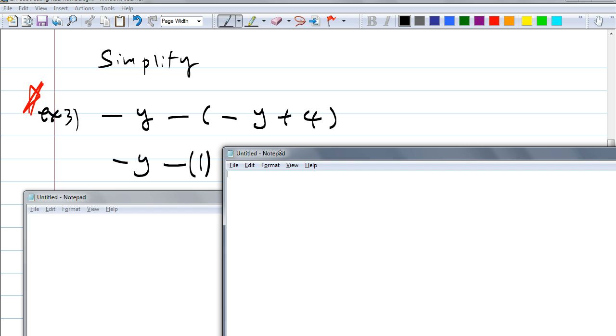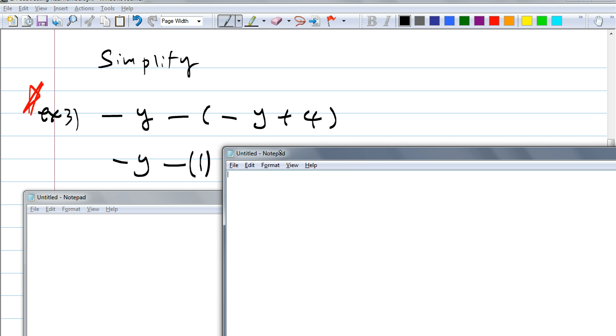Negative y plus. If you had negative y minus 1, do you know how to change this into an addition using the definition of subtraction? No? Because remember I told you subtraction is really adding the opposite, right? I want you all to think about this as a group. How would you change this into an addition? You don't know how to change negative y?